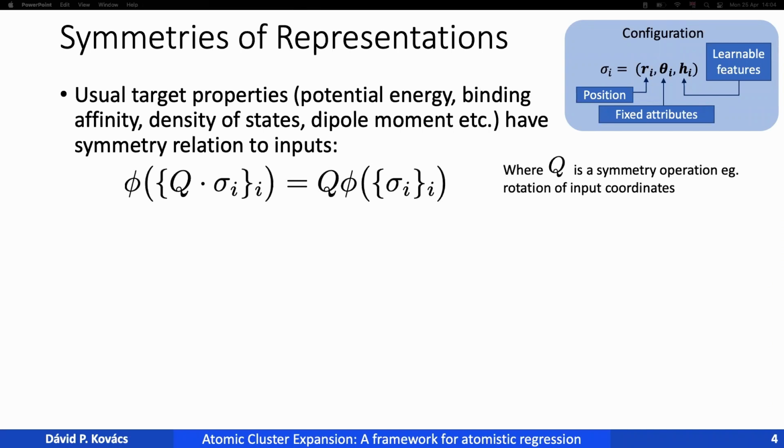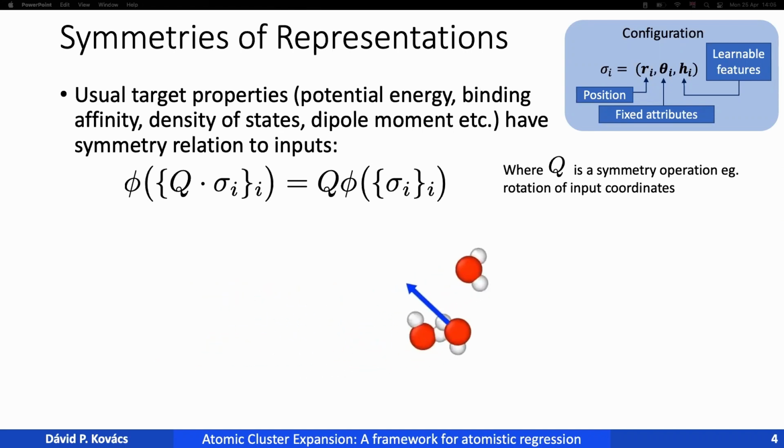If I apply a transformation Q to the input, for example a general rotation, then my model's output of the transformed input has to be the same as the model's output of the original input transformed. If you have invariant or equivariant properties, that can be expressed this way, and we want our model to obey this. It's always the case that if you have a molecular or atomistic structure and one of the properties I've given as examples, they will all obey a relationship like this.